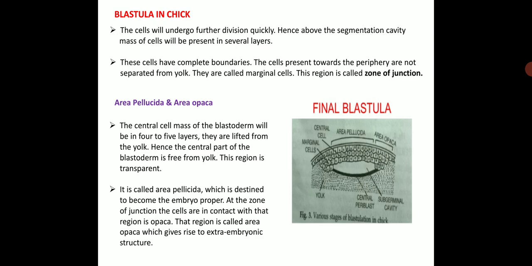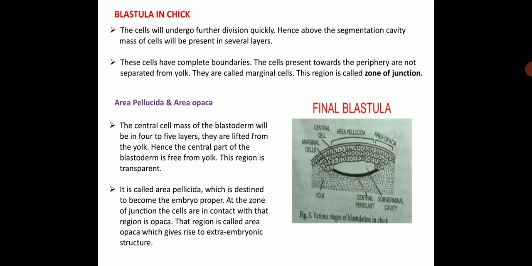This region we call the zone of junction. Here two areas are formed, that is the area pellucida and the area opaca. The central cell mass of the blastoderm will be 4 or 5 layers. They are lifted from the yolk.